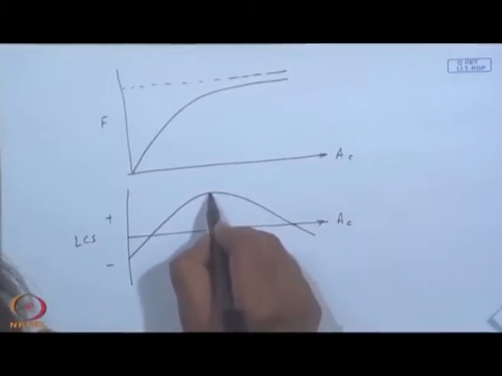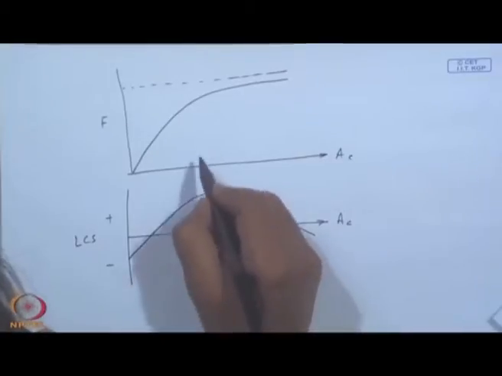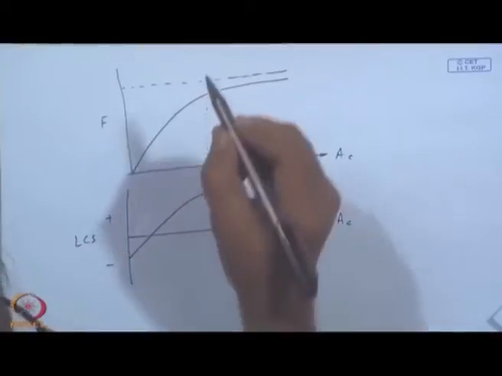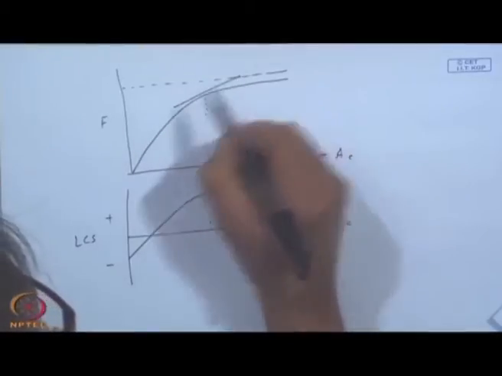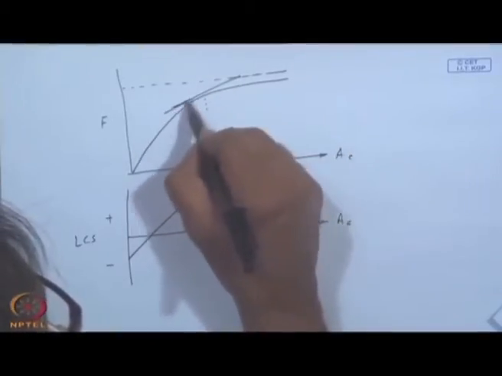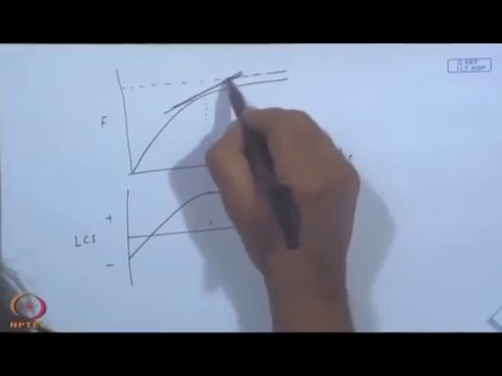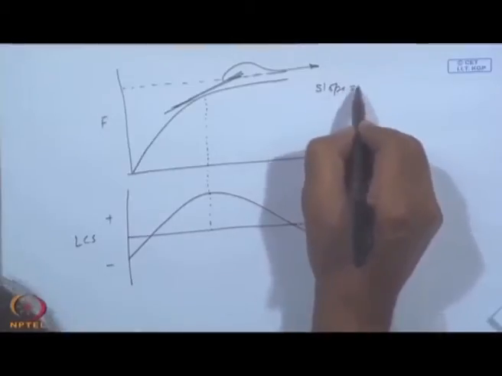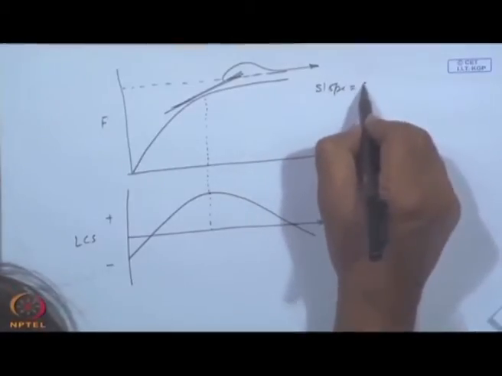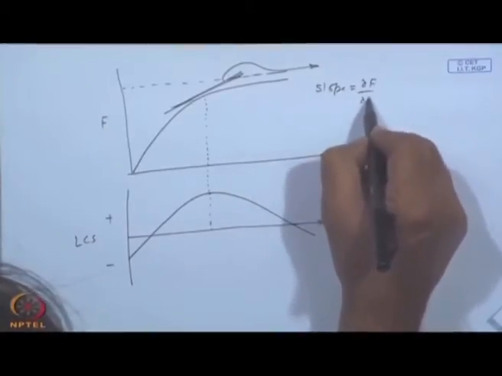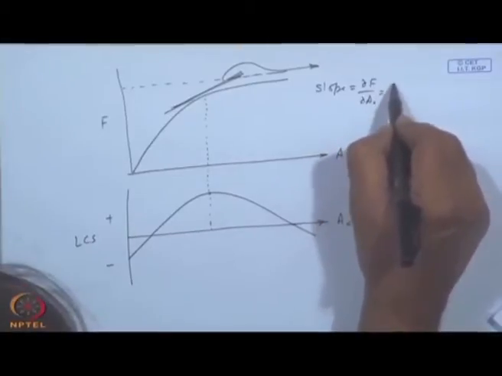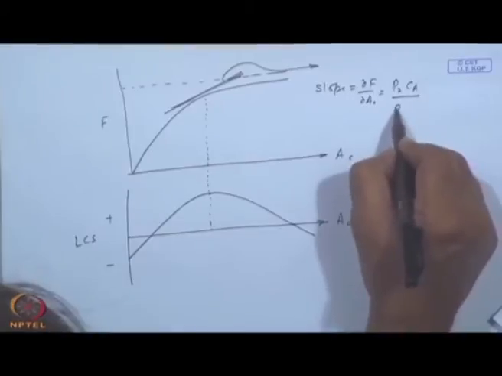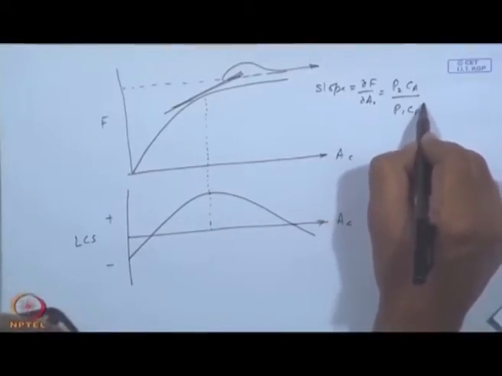This should be the optimum, that is where you have your LCS maximum. So, if you draw a line with slope equal to, of course, dF by dAC, which is P2 CA by P1 CFL.